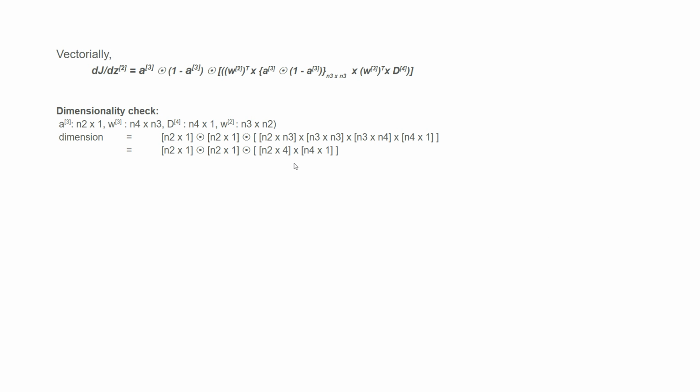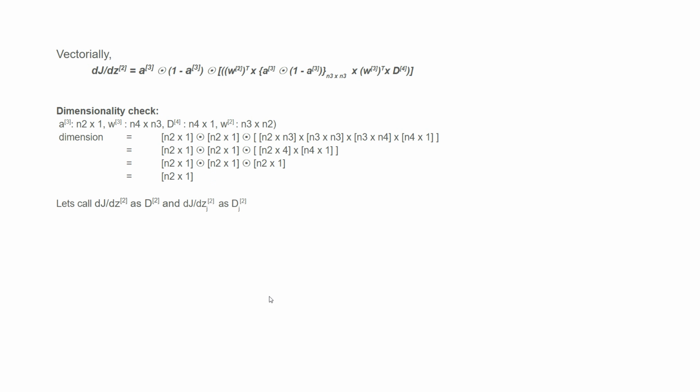After multiplication, we will get n2 cross n4 and n4 cross 1, so n2 cross 1 at the end. Since these are all element-wise multiplications, we will get n2 cross 1 as our final dimension vector.